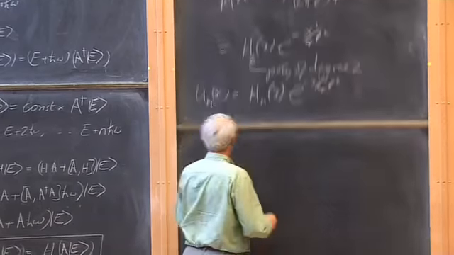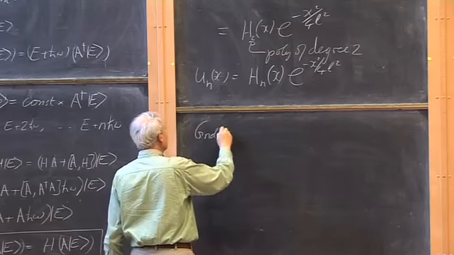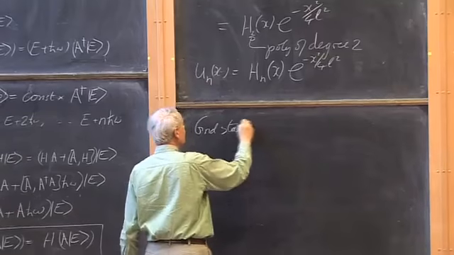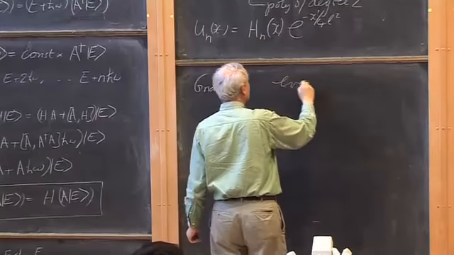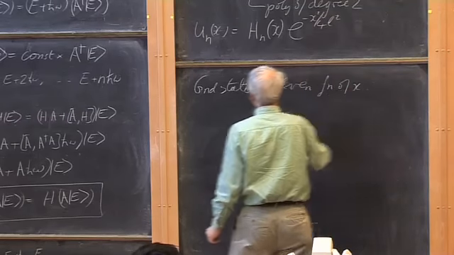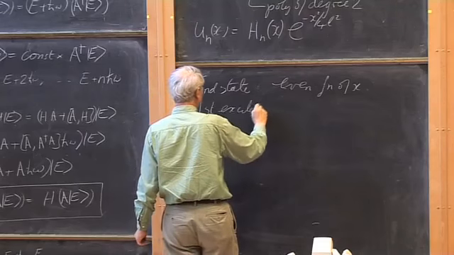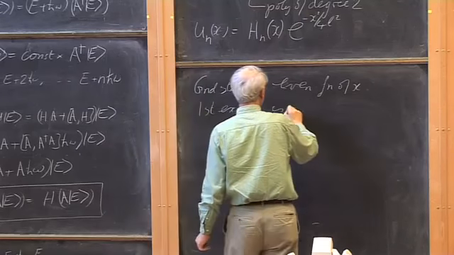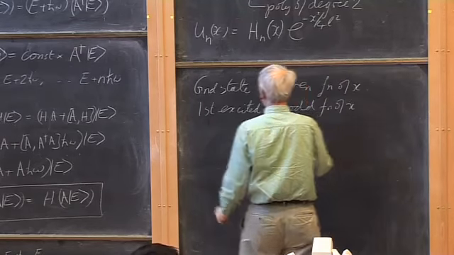So the ground state is an even function of x. The first excited is an odd function, and the second excited is even.